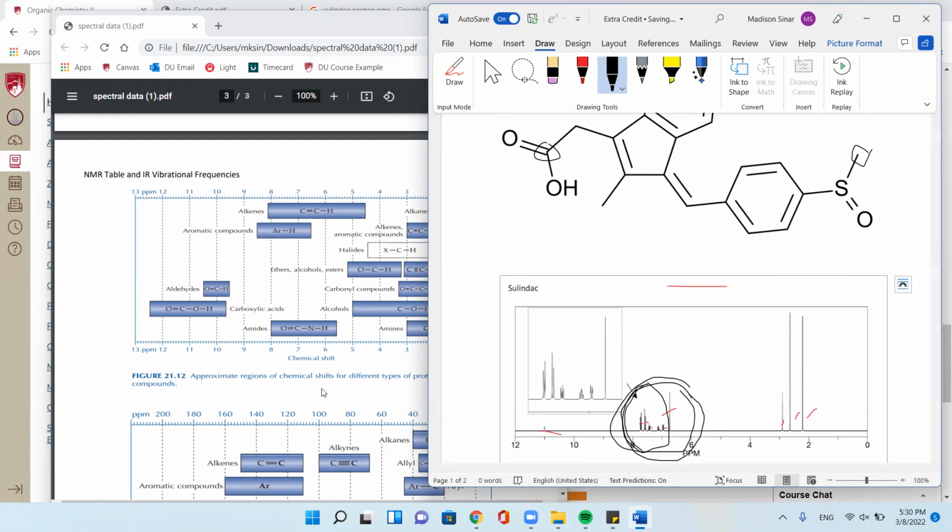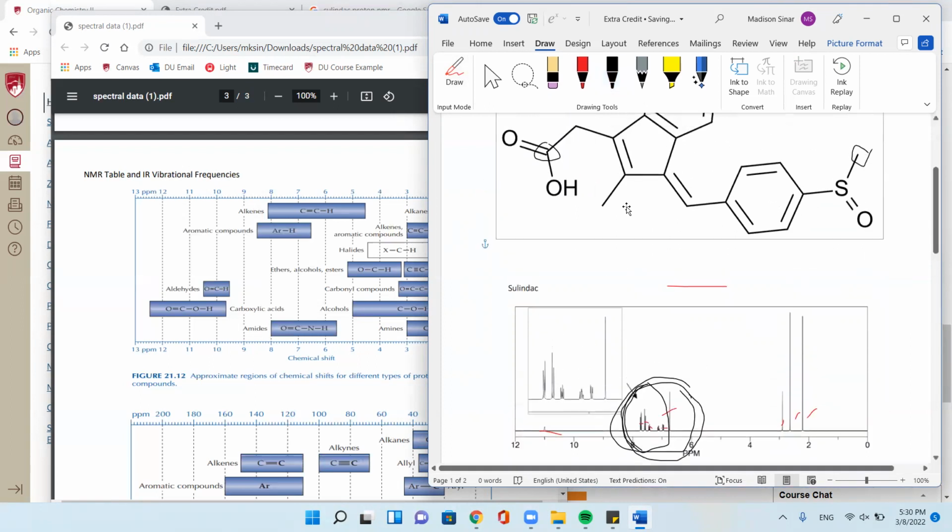So let's see if we can narrow it down just a bit more. We do also have this other methyl group here. This methyl group is going to be less deshielded than this one because it's only next to this alkene, while this is next to a ketone.